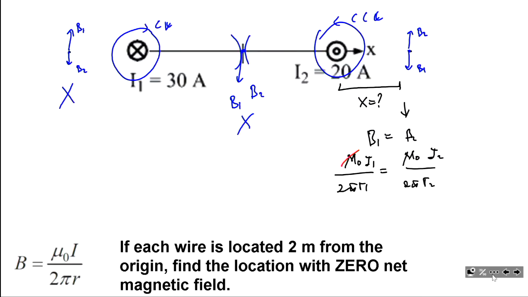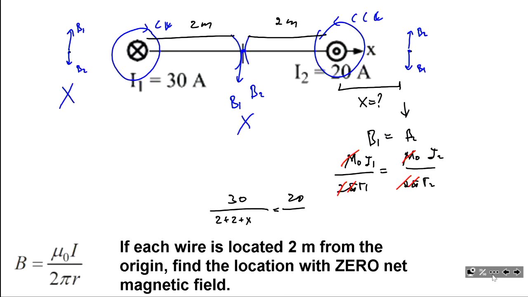We can cancel constants. Now, each wire is located 2 meters from the origin. So this distance is equal to 2 meters. This distance is equal to 2 meters. So, 30 divided by, what is the distance from the first wire to the location we are looking for? It should be equal to 2 meters plus 2 more meters plus x more meters. 20 divided by, what is the distance from the second wire? X, we called it x.